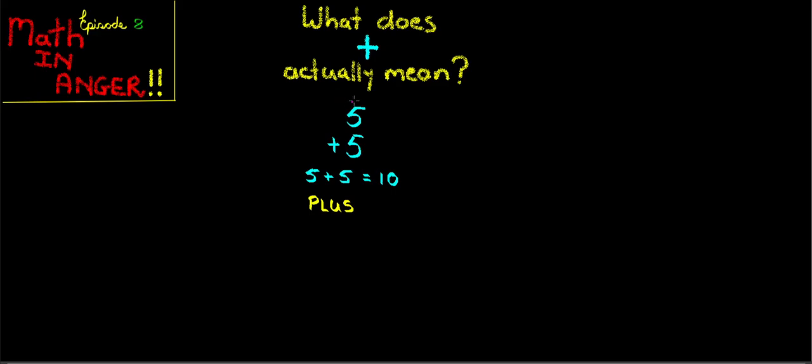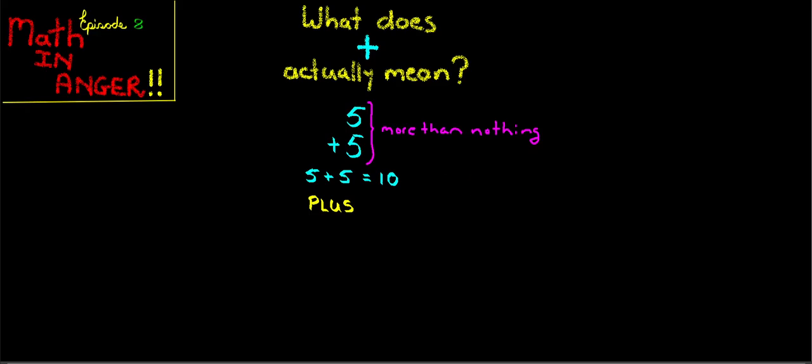Now, from previous episodes, you have already seen this, and you know that when you see a number written without a symbol in front of it, it means that you have more than nothing. Similarly, if you see a number written with the addition symbol in front of it, it means you have that much more than nothing.